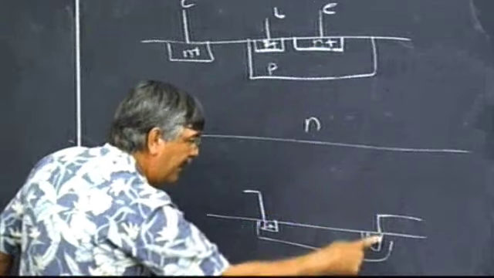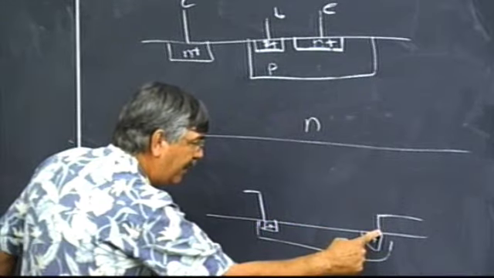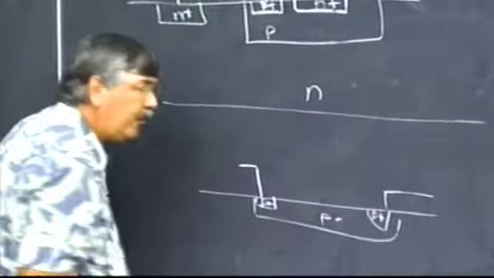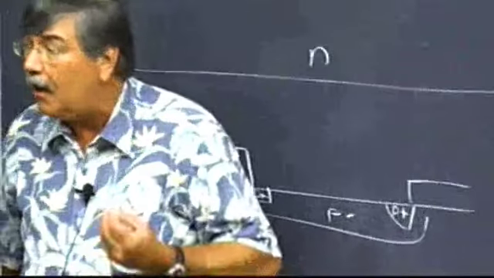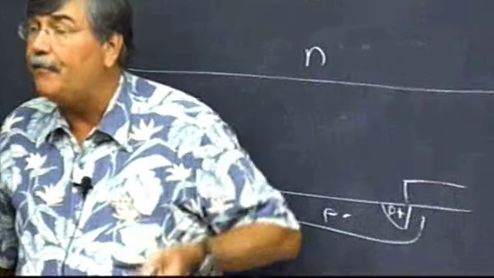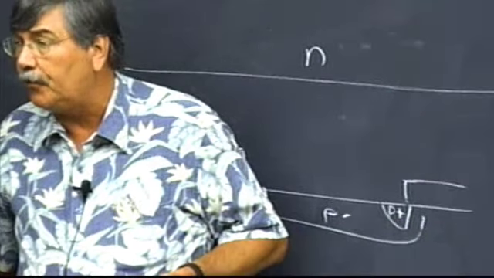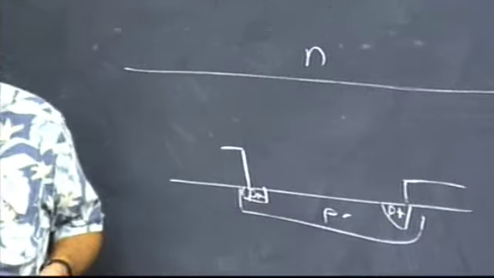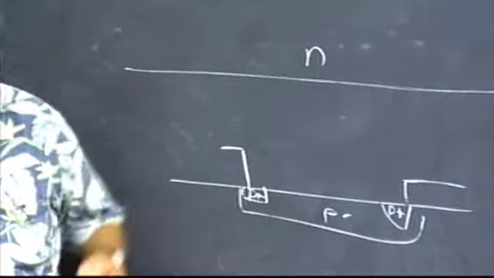The current would come down and make a good electrical connection here, but then this would be like lightly doped material. Because it's lightly doped, there's not many holes in that region, and therefore it's going to have a high value of resistance. Okay? It's going to have a high value of resistivity, which is per unit area or volume.